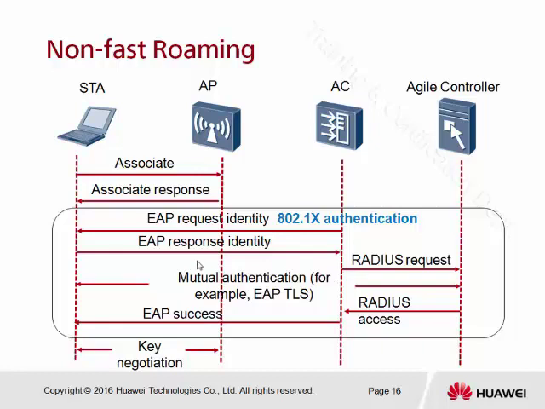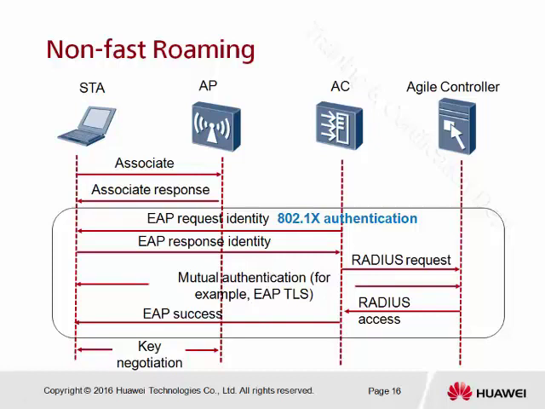This table will be used later on when the AC receives the PMK from the STA, from the PC. So when the PC is trying to roam from one AP to another new AP, the PC doesn't need to send the EAP request identity again. It's not necessary because this process takes very long, so it might interrupt the PC from performing the fast roaming.